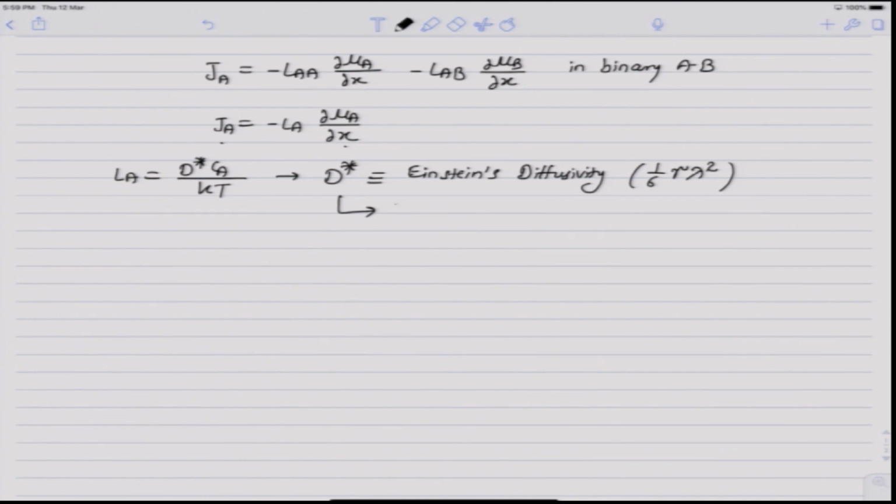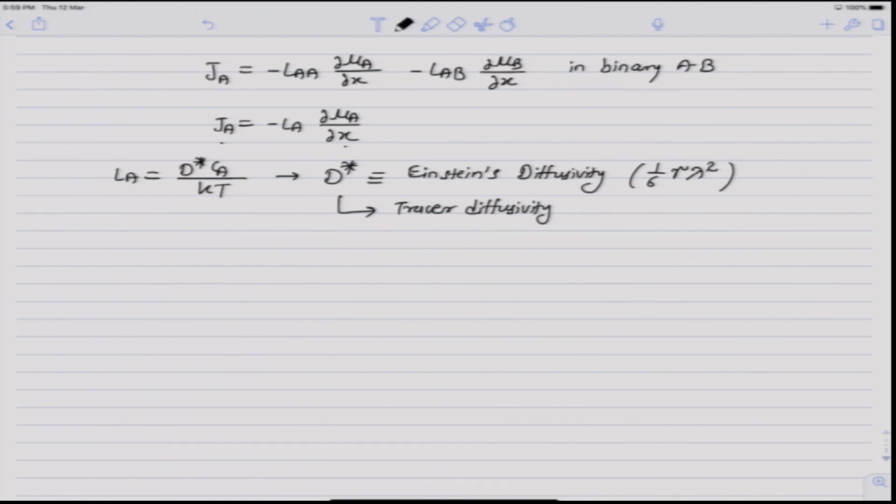This is also commonly known as tracer diffusivity, and d star essentially characterizes the self diffusion or impurity diffusion under no concentration gradient or a very minute concentration gradient respectively. Now, La is the kinetic coefficient. What is the physical significance of this?